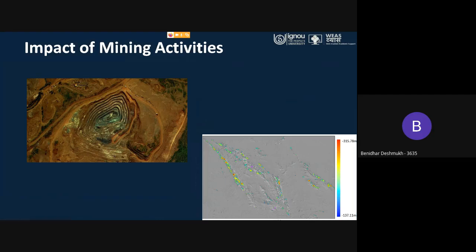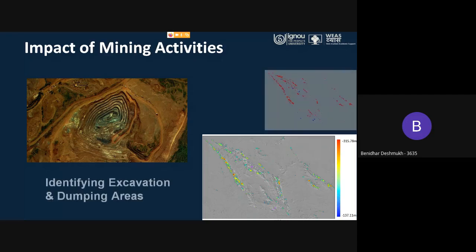So if you want to understand the mining activities, what the impact is, how much mining, at what depth mining has taken place, we can use this data for identifying the areas that have been excavated and where the waste material has been dumped.